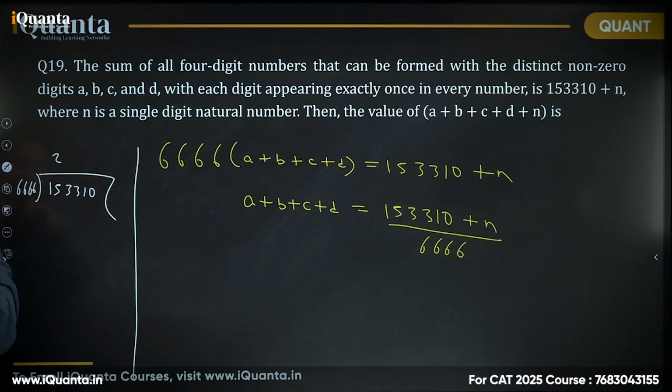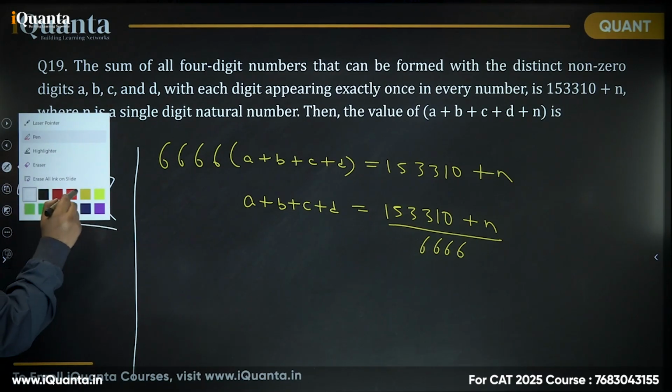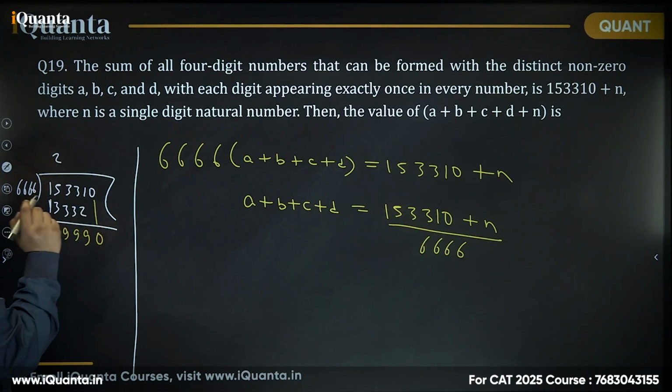If I take 2 times, I'll get 1, 3. Okay, perfect. 2 sixes are 12, 3 again, 3 again: 13332. If you subtract it, what do you get? 11 minus 2 is 9. 12 minus 3 is 9 again. 9 again. And 1 here, and this 0 will go down. Wow.